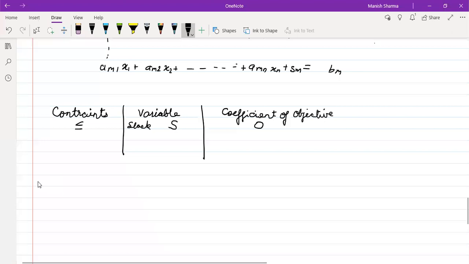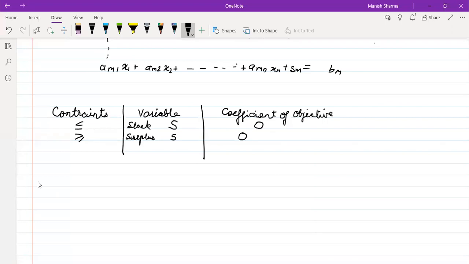But now, if the constraint is greater than equal to, then we will add a surplus variable, which will also be denoted by s. The coefficient of a surplus variable will also be 0.